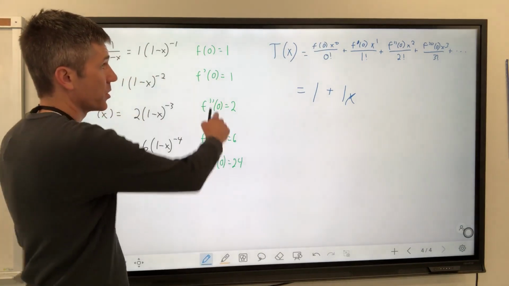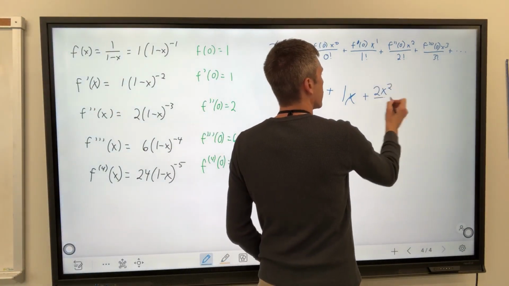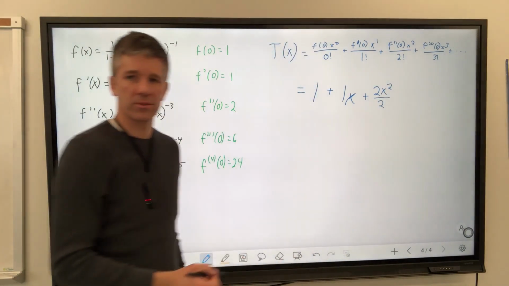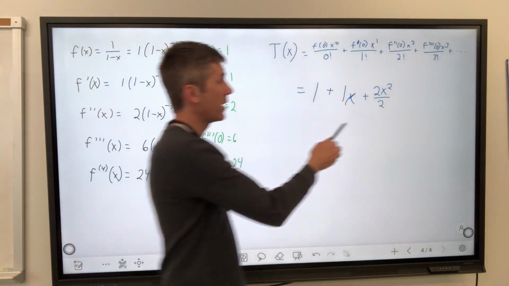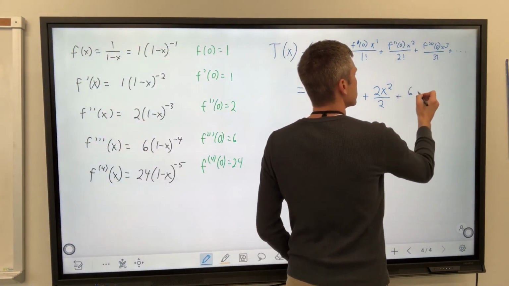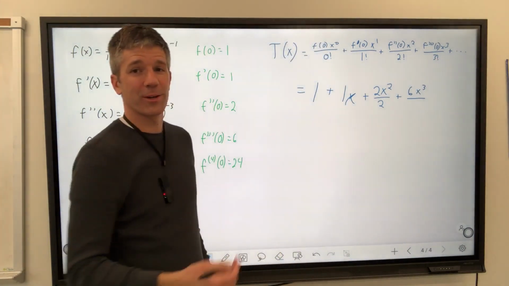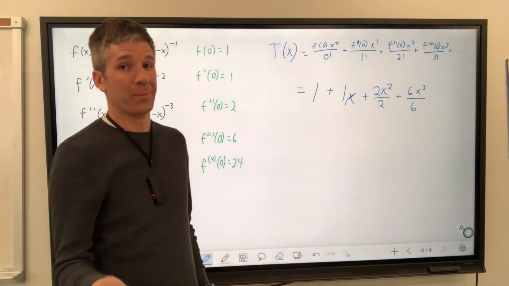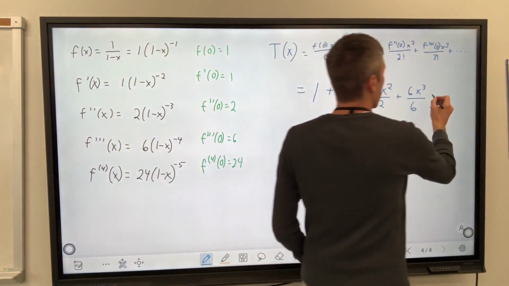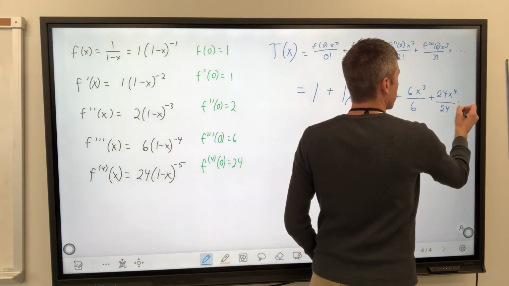F double prime of 0, so 2x squared over 2. Okay, you can see where that one's going to go. And then the next one's going to be 6x cubed over 3 factorial. 3 factorial is 6. Okay, really, you can see where this is going. I'm going to go one more just because I'm having so much fun. But 24x to the 4th over 24.